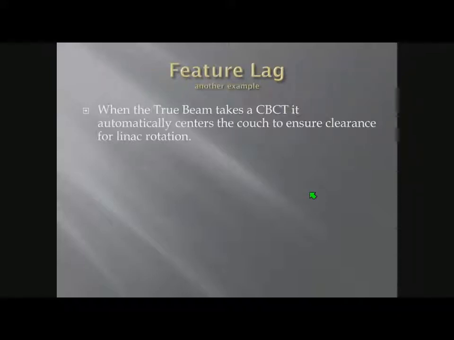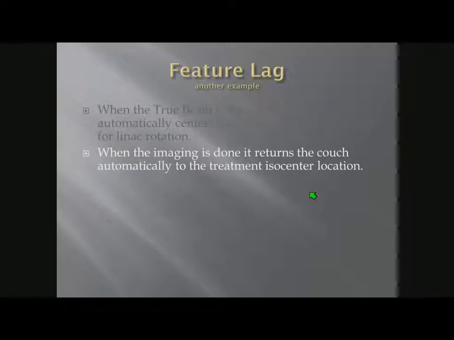Another example of a feature lag situation is when the TrueBeam takes a cone beam CT, it automatically centers the couch to ensure clearance for LINAC rotation. When the imaging is done, it returns the couch automatically to the treatment isocenter location.